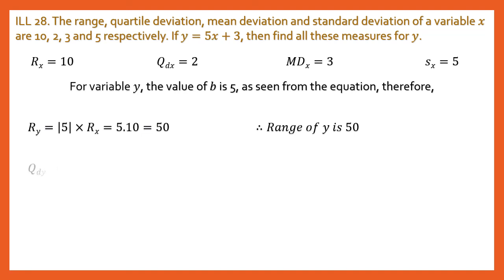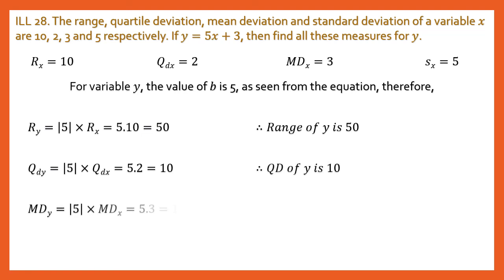Similarly, for the quartile deviation of y, 5 into the quartile deviation of x, that is 5 into 2, that is 10, so the QD of y is 10. MD of y, 5 into MD of x, that is 3, so 5 into 3 is 15. Here the dot I am putting is not the decimal point, it is the multiplication sign. As you go into higher studies of statistics, you don't put the multiplication sign each and every time.